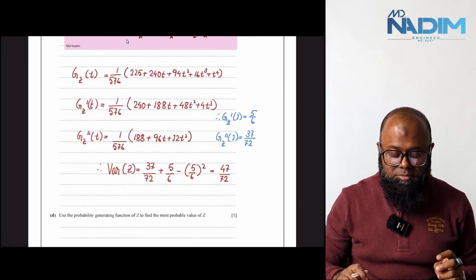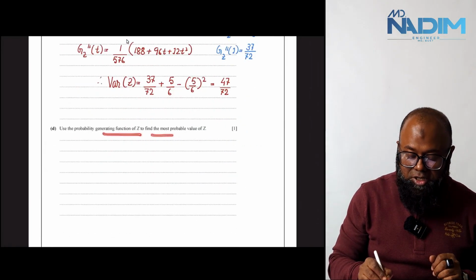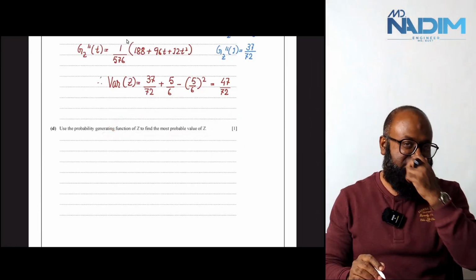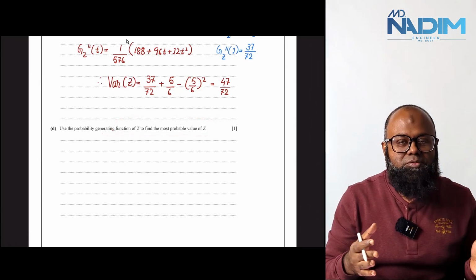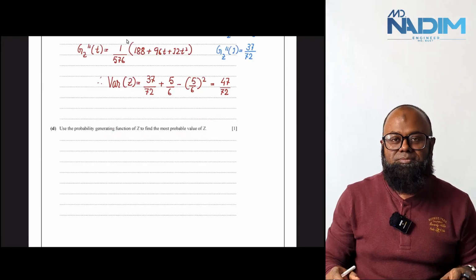Now the last part of the sum is a very interesting part. Use the probability generating function of z to find the most probable value of z. Most probable value of z, that means the value of z that has the highest probability.